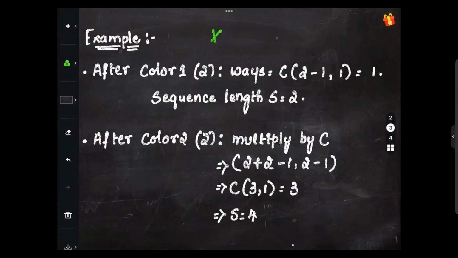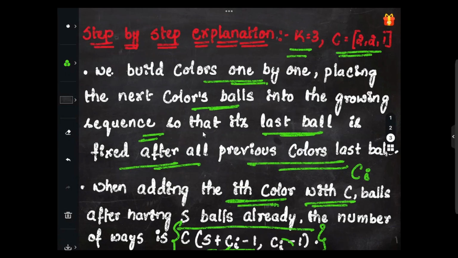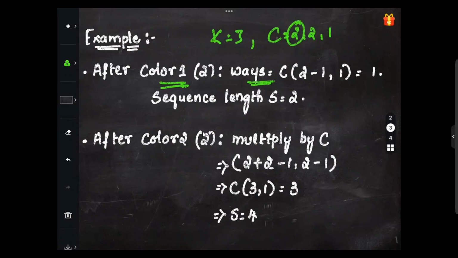We have K equals 3 and C equals 2 1, right? After color 1, in this case we are considering 2, so base equals C of s plus ci minus 1, so s plus ci minus 1 here is nothing but 2 minus 1 comma 1, right? 2 minus 1 comma 1.